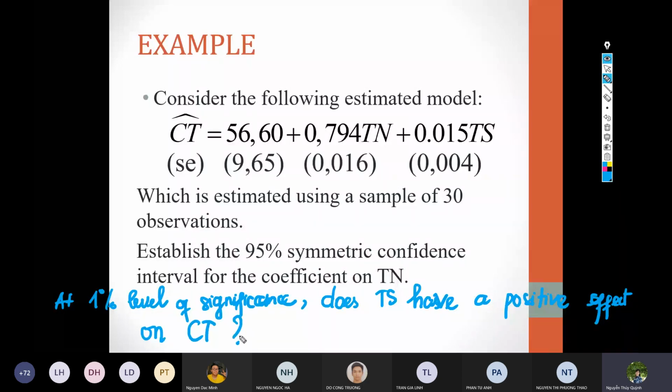Okay, so at 1% level of significance, does TS have a positive effect on CT?